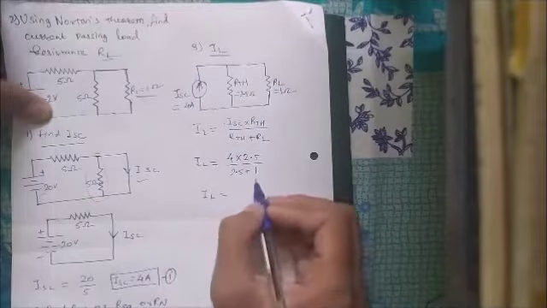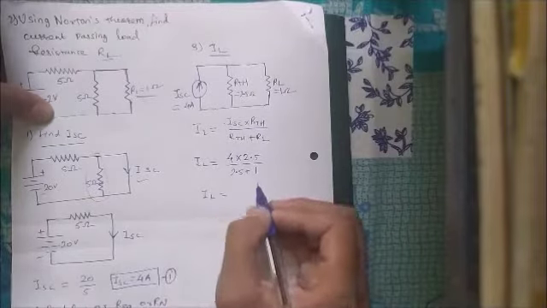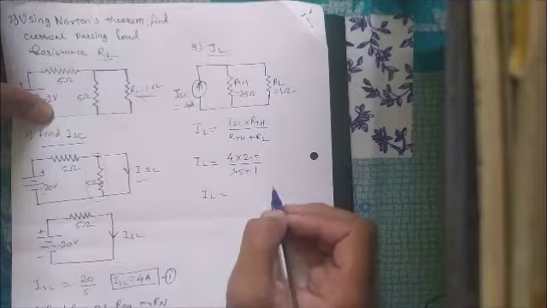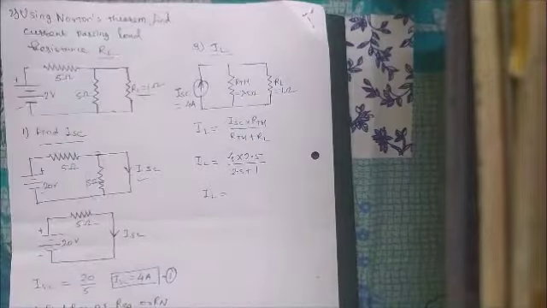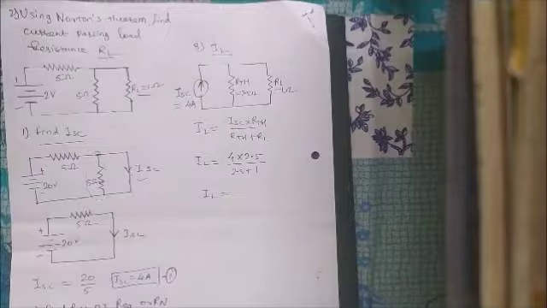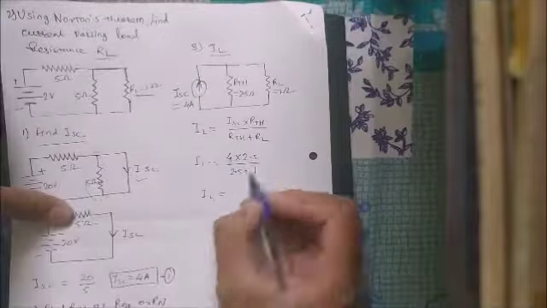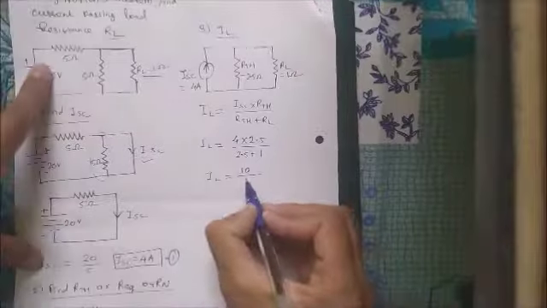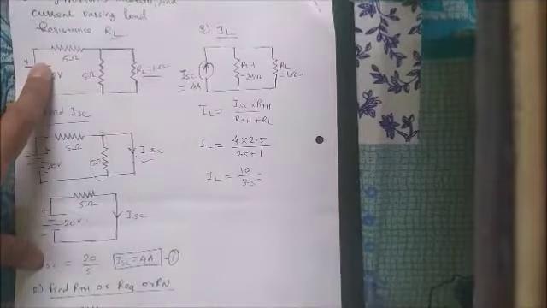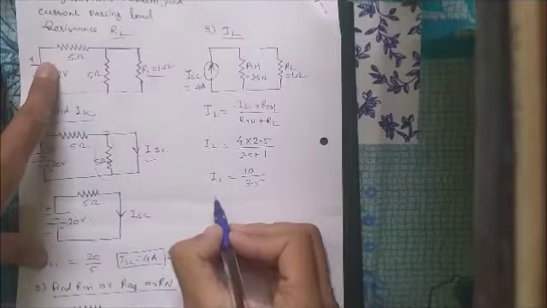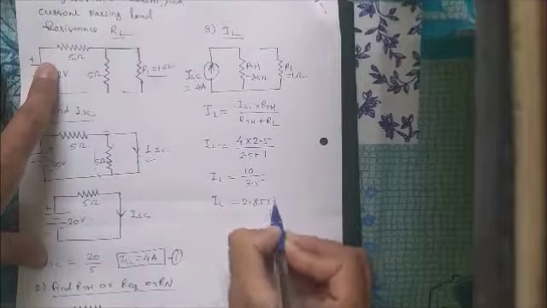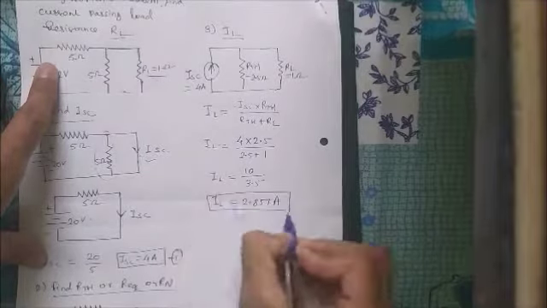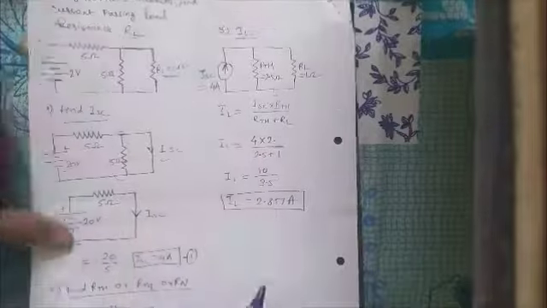So this is 2.5 into 4, do the multiplication. This is 10, this is 10 and this is 3.5. This will make your answer IL equal to 2.857 ampere, and this is your current flowing through this 1 ohm load resistance.